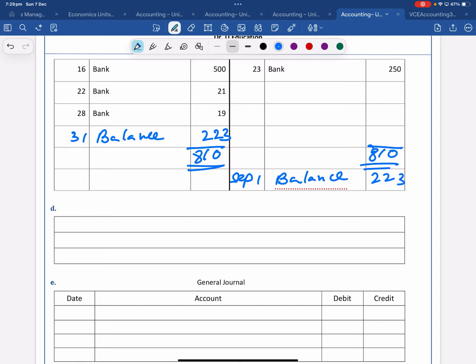When the GST is settled to the ATO during the balance day, sorry, during the next 12 months.